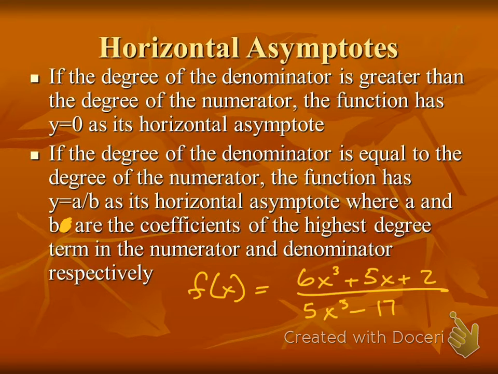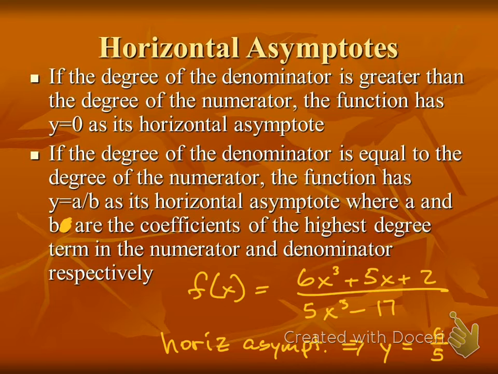This is a case where the degree of the numerator and the degree of the denominator are the same, right? So my horizontal asymptote is going to be y equals what? 6 over 5.